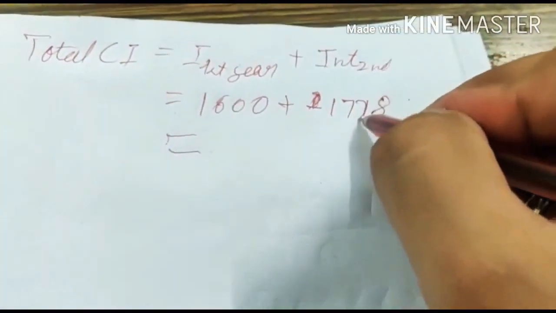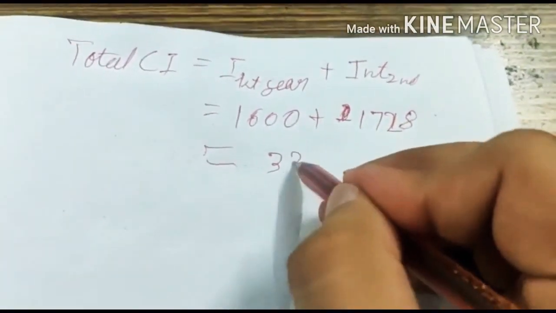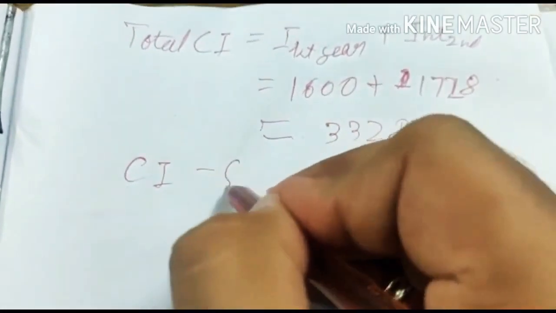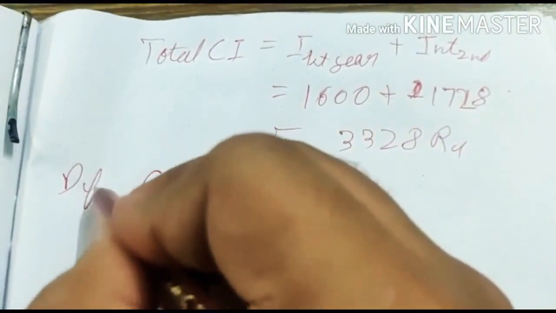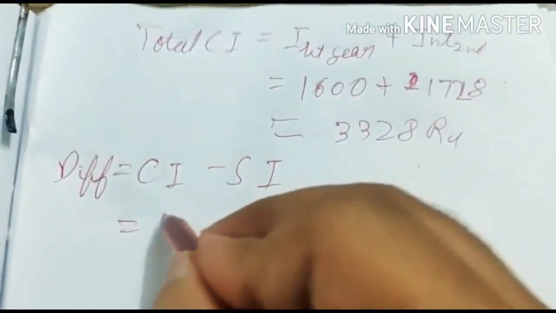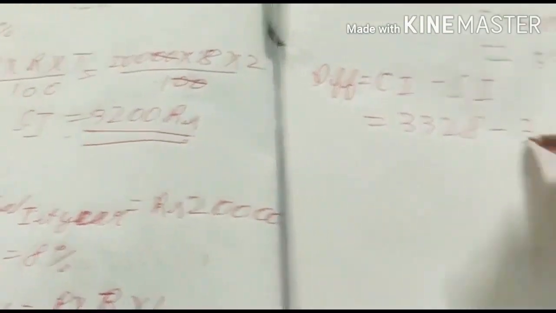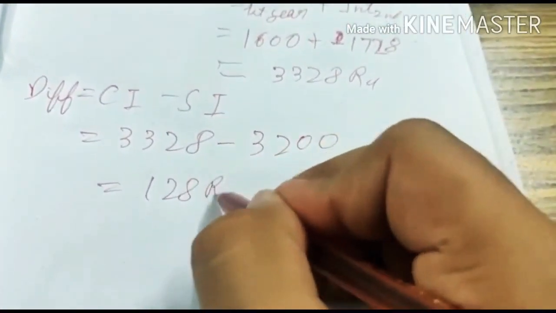Okay, 1728. So it will come out to be 3328 rupees. So CI minus SI, we have to find the difference. Total CI is 3328, SI is 3200. It comes out to be 128 rupees.